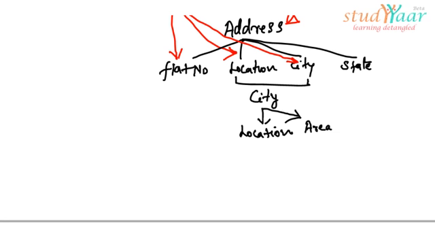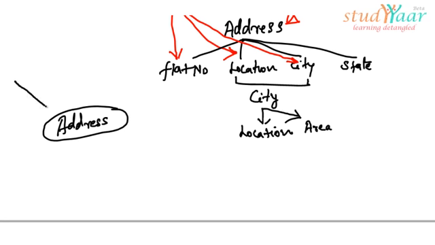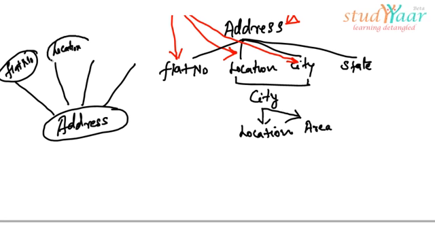Now we'll see how a composite attribute is represented. Okay, so it's simple. It's represented like this. Address will be the attribute which is composite, and it is composed of, we'll write it like this, a flat number, a location, a city, and a state.